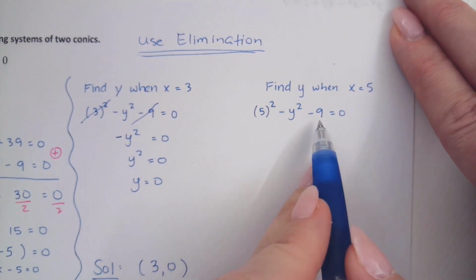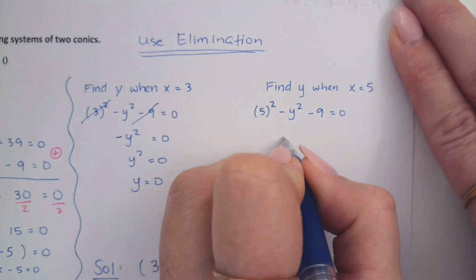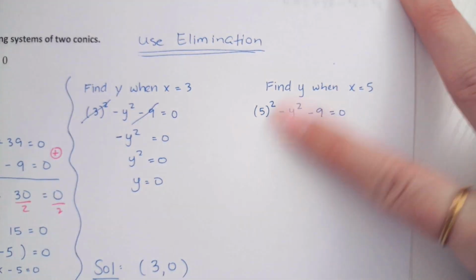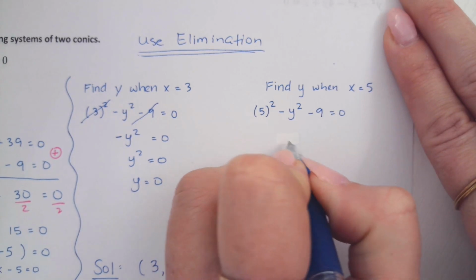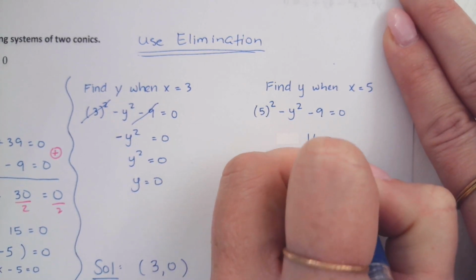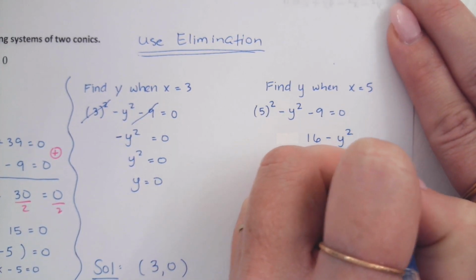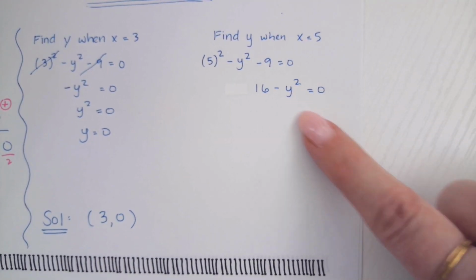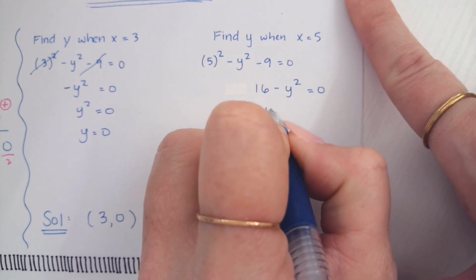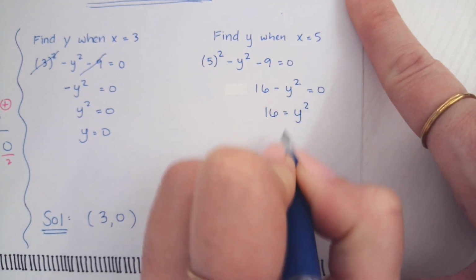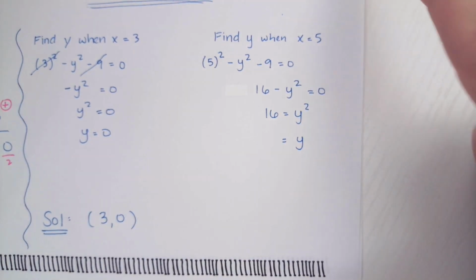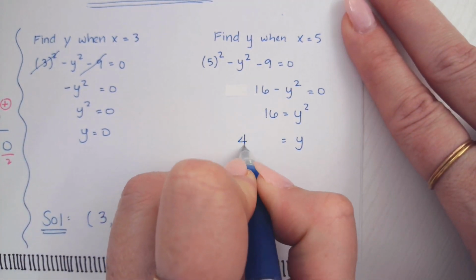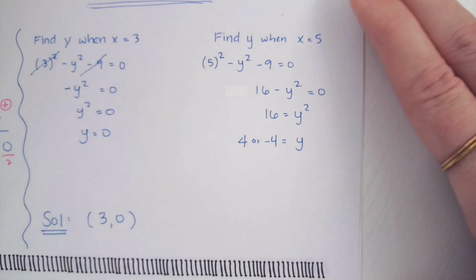That would be 25 minus 9, which is 16, so 16 minus y squared equals 0. You could move the negative y squared to the other side to get 16 equals y squared, which means y equals plus or minus 4. Both of those.